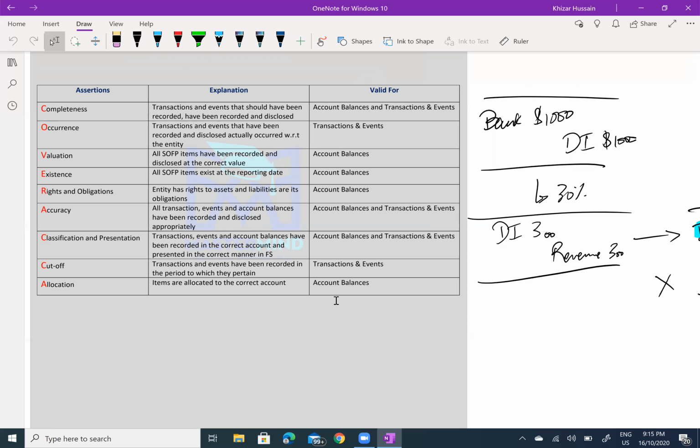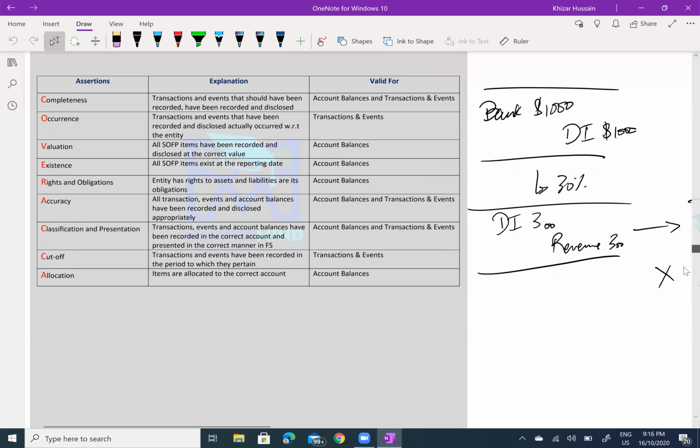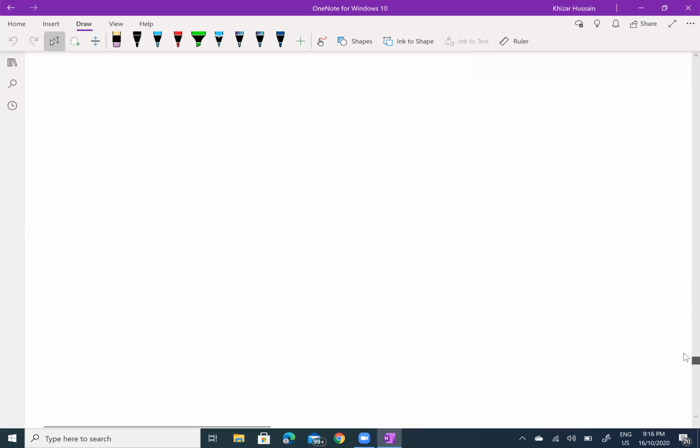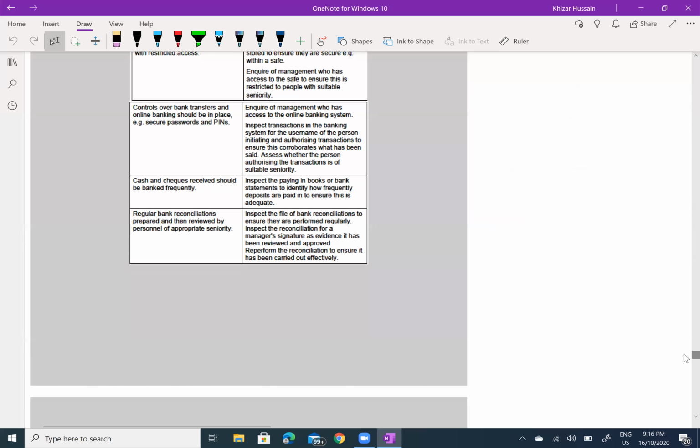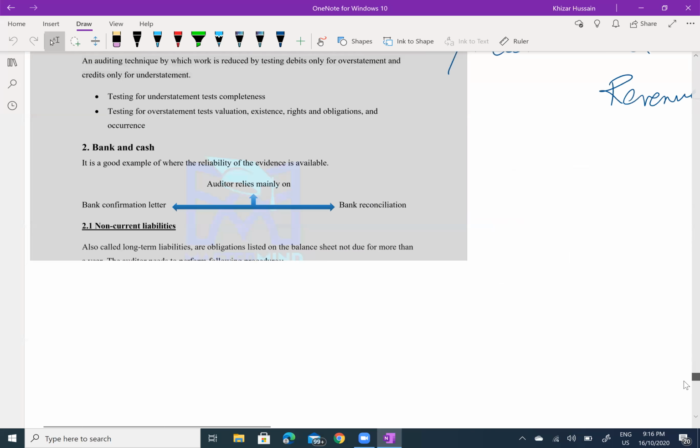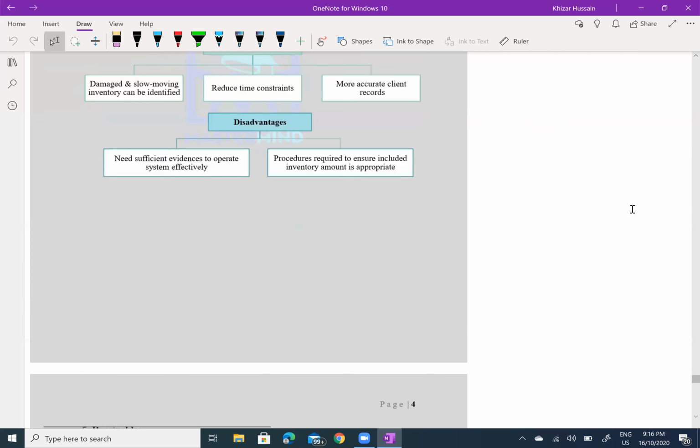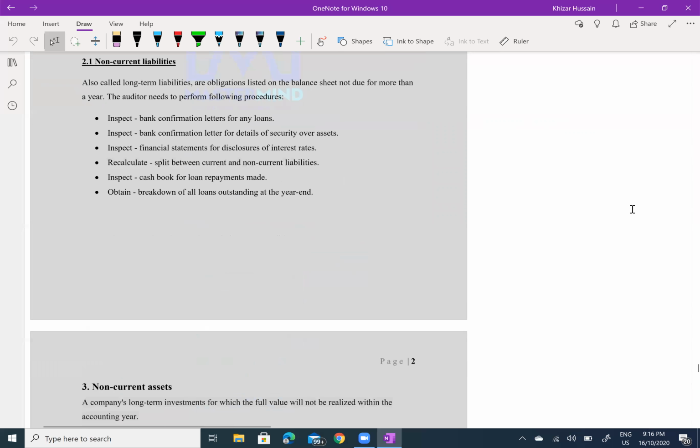So you should know what assertions are being hit and what you want to test, because ultimately we are here to verify management's claims, and assertions are management claims. You understand this? Now, one way to verify it is through the systems that management is using to record such transactions. But again, that does not verify the assertions related to numbers.